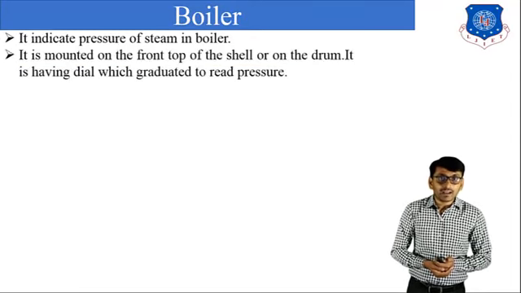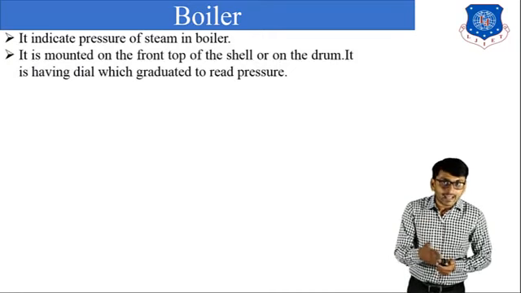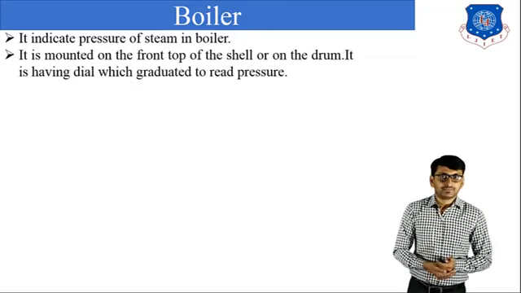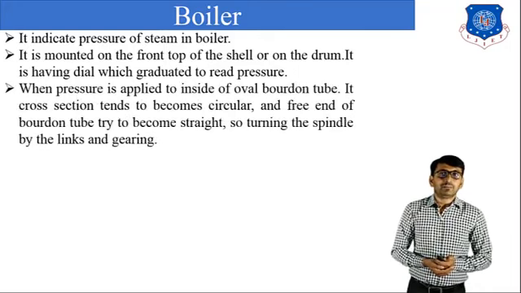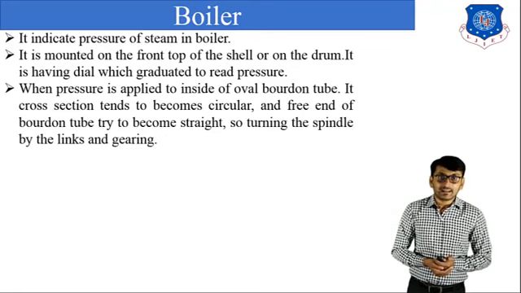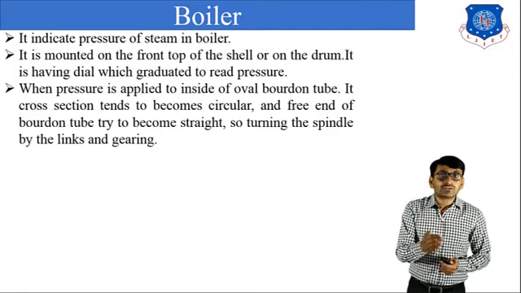Then it is mounted on the front top of the shell or on the drum. It has a dial which is graduated to read pressure. Then when the pressure is applied to the inside of the oval Bourdon tube, its cross section tends to become circular and the free end of the Bourdon tube tries to become straight.